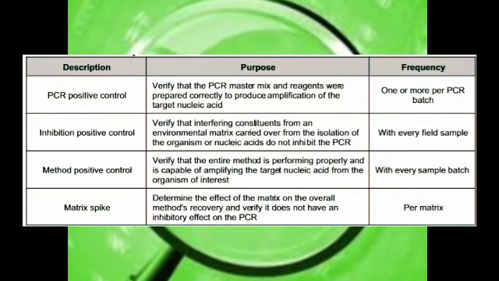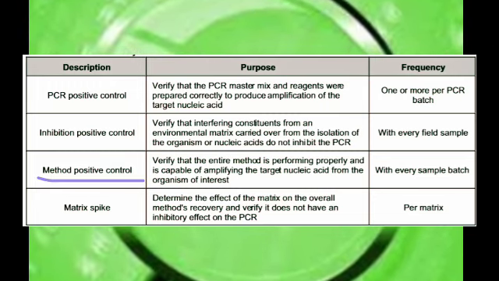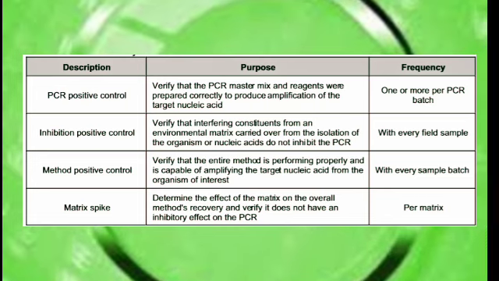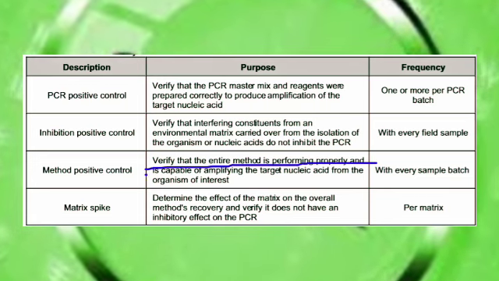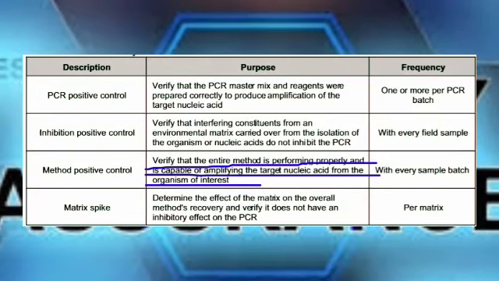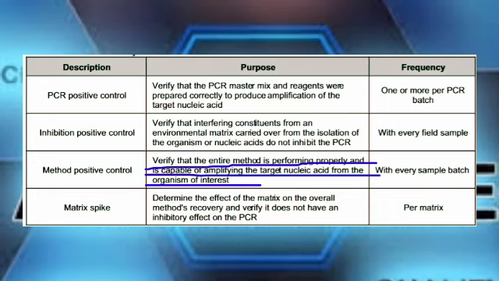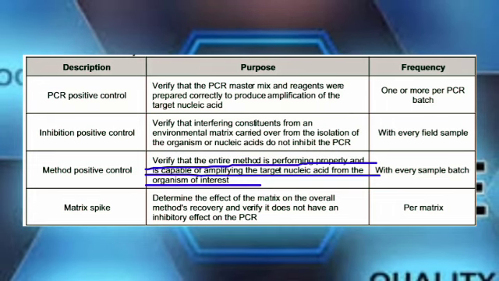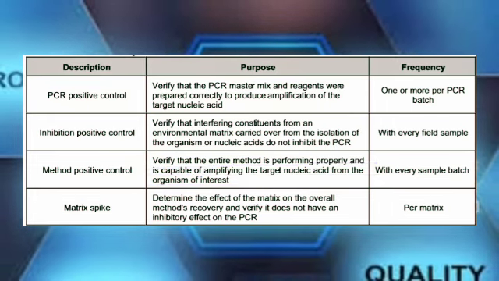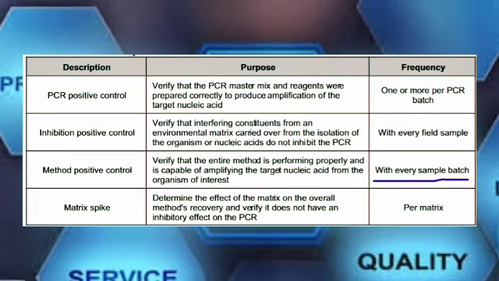Then there is a method positive control. These are used to verify that the method is performing properly and is capable of amplifying the target nucleic acid from the organism of interest. Again, this should be performed with each batch.